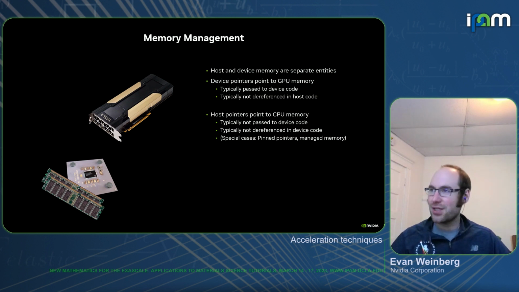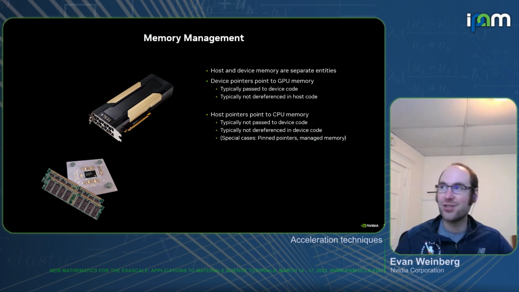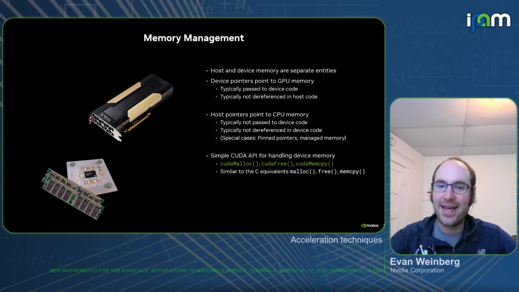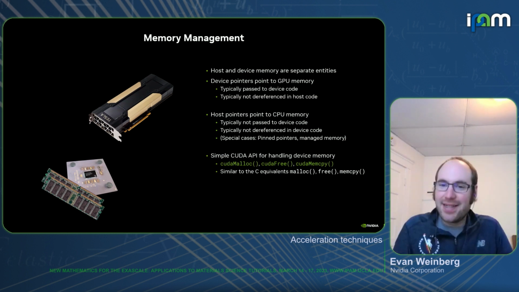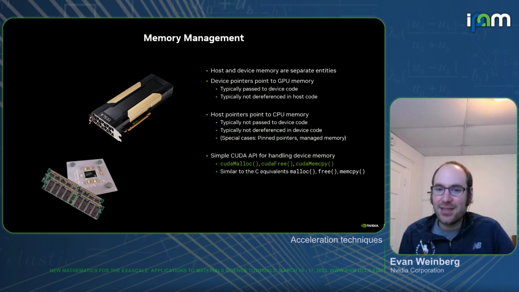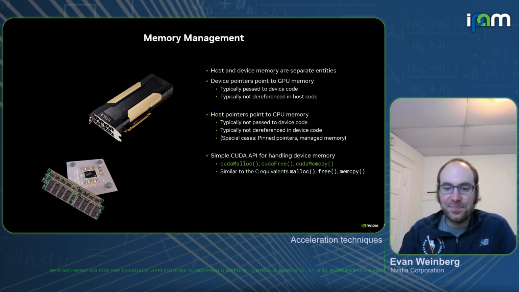Again, with other special cases, we'll save our energy, breath, time. And then there's a simple API for handling device memory, where cudaMalloc is allocating memory on the GPU, cudaFree is freeing your allocated memory, and cudaMemcpy is copying. And this is similar to the old school C equivalents to allocate host memory.